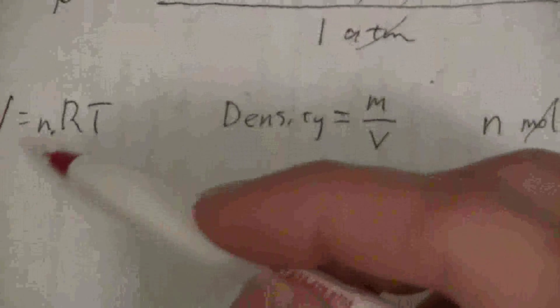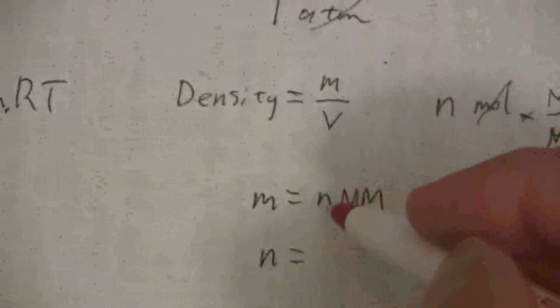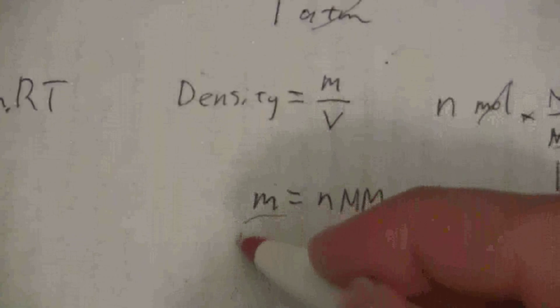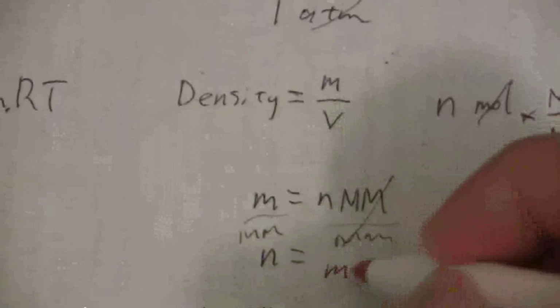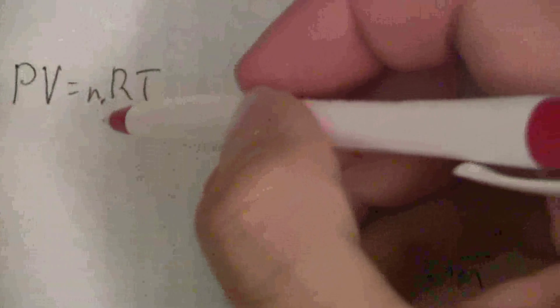So in my equation here, I can substitute for n, which would be the mass divided by the molar mass. That gives me the number of moles.